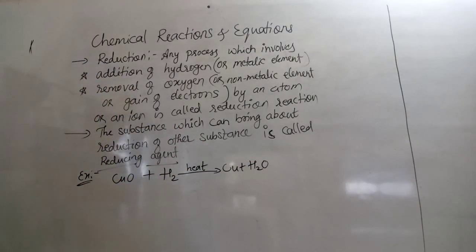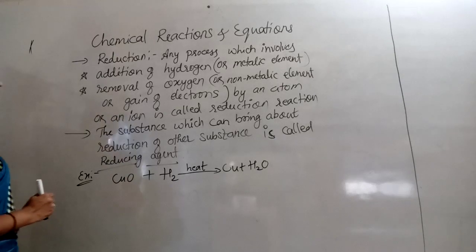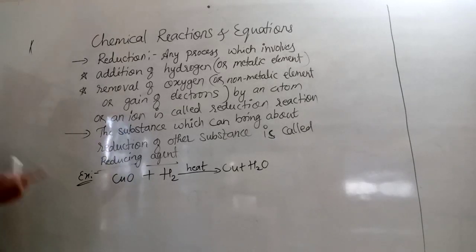So this reaction is known as a reduction reaction. There are some reactions where in the same reaction oxidation as well as reduction takes place. Such reactions are called redox reactions.